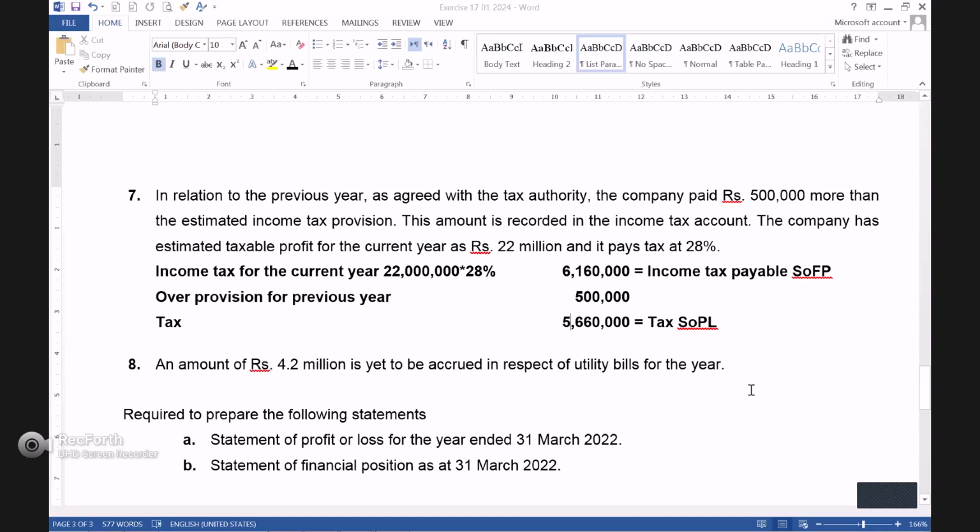The amount is recorded in the income tax account. So this year's income tax payable is 6.16, but the actual income tax you have to pay is 5.66, because you already paid an additional 500,000. That is the thing.